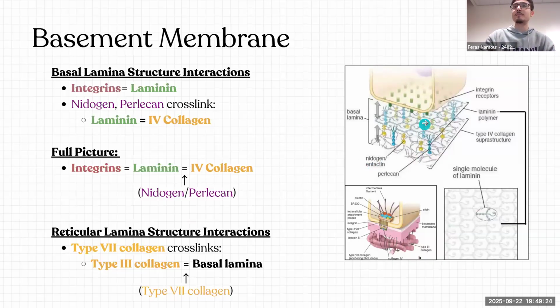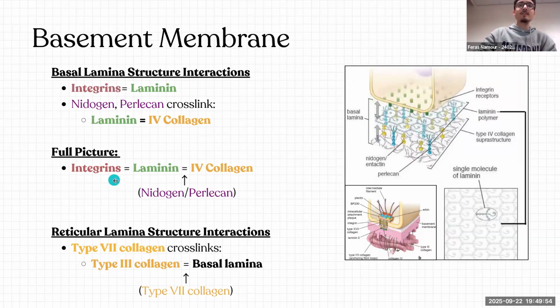How am I going to connect it to my epithelium? We have a protein in the epithelium called integrin, and we have a protein, laminin, we just talked about that, in my basal lamina. Both of these proteins are going to interact with each other, connect, cross-link. So integrin is found in the epithelium cell. Laminin is found in one basal lamina layer. Both of these are going to form crosslinks.